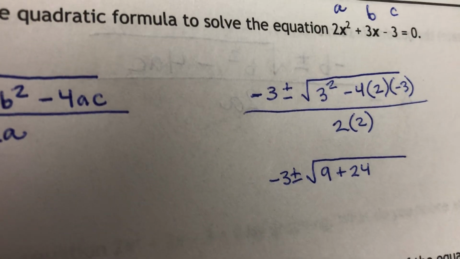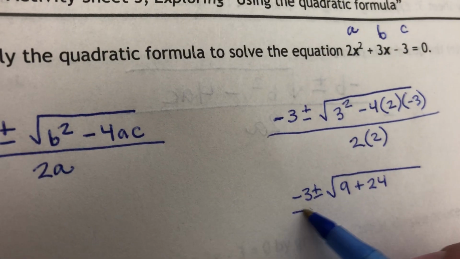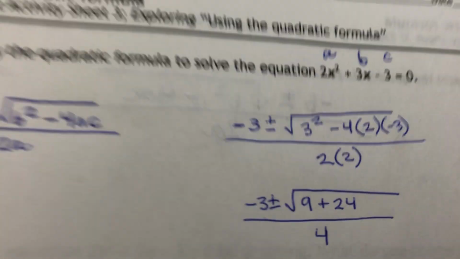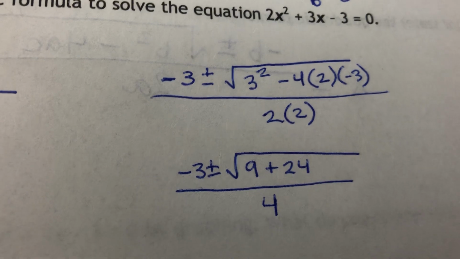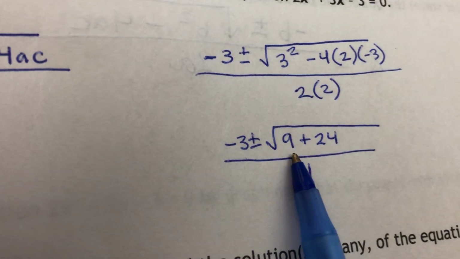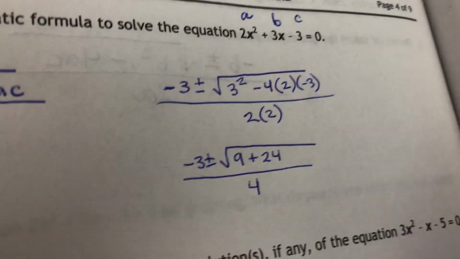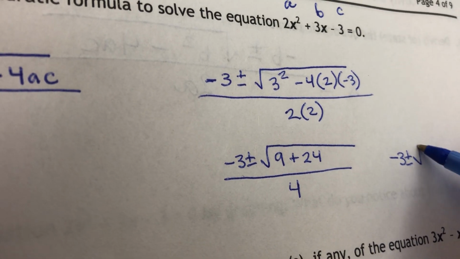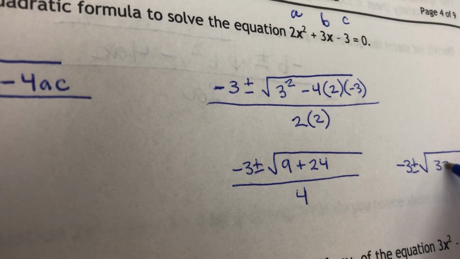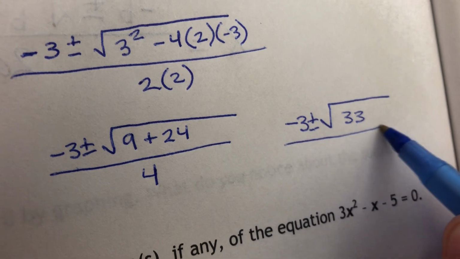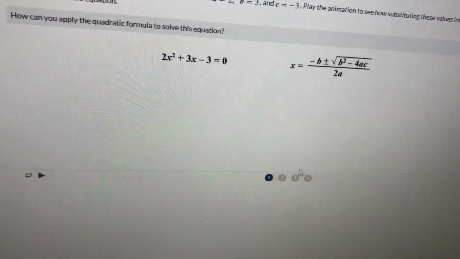And then on the bottom, 2 times 2 is 4. Combine the two that are under the radical, so 9 plus 24 is going to be 33. So we have negative 3 plus or minus the square root of 33 divided by 4.